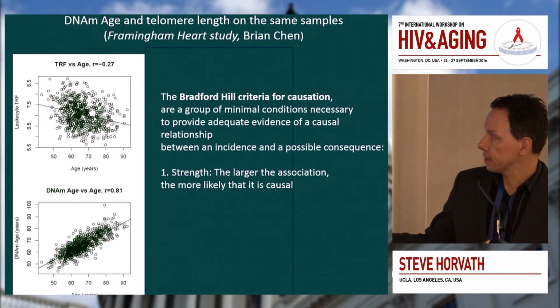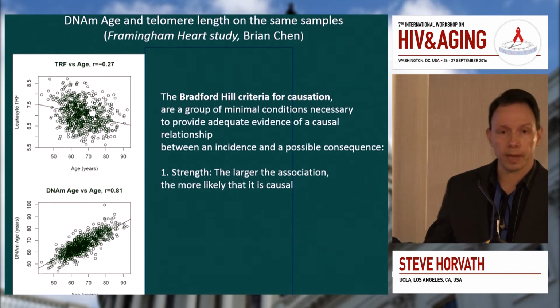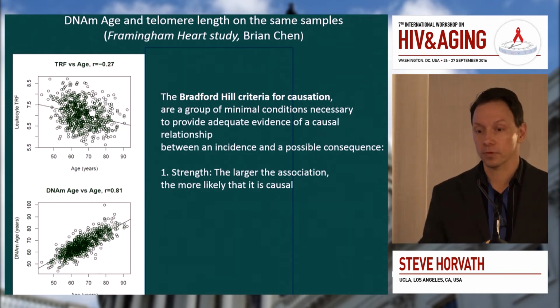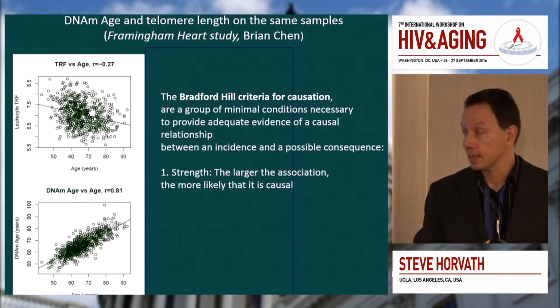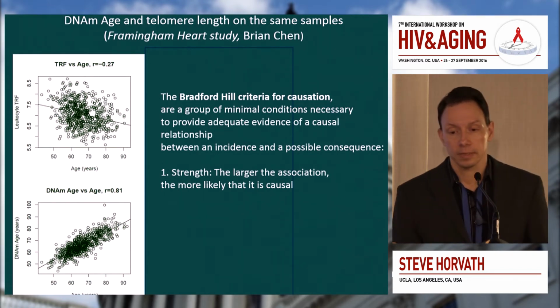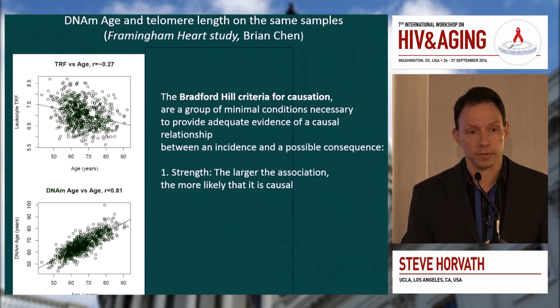And what we see here is that there's a correlation of minus 0.27. And that's, of course, the well-known result that telomeres shorten as we age. Now, on the very same subjects, we also had methylation data available.